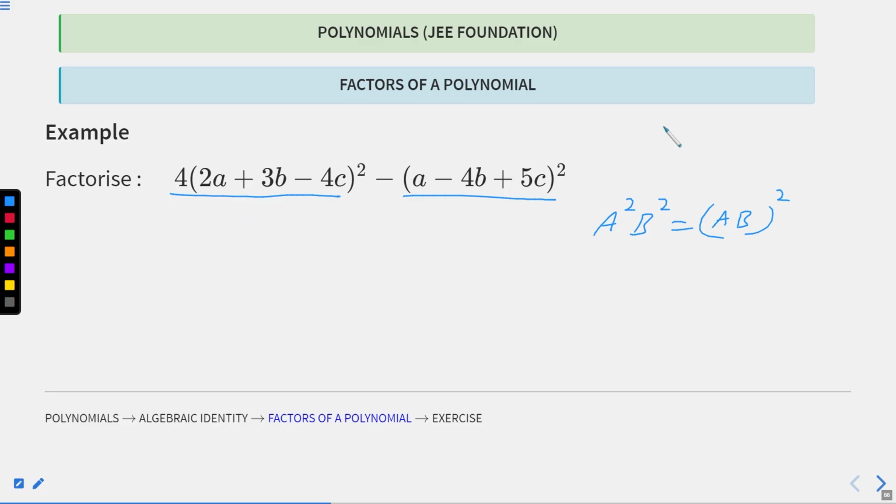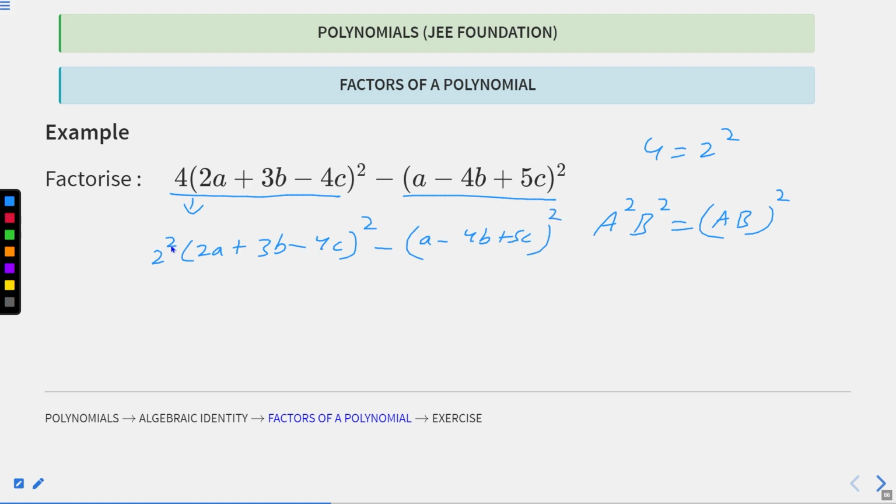Okay, I hope this is clear. So if 4 is 2 square, then we have 2a plus 3b minus 4c whole square minus a minus 4b plus 5c bracket square.